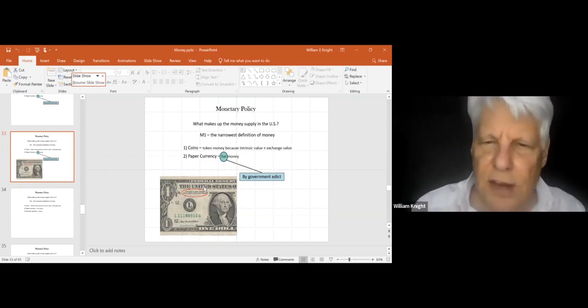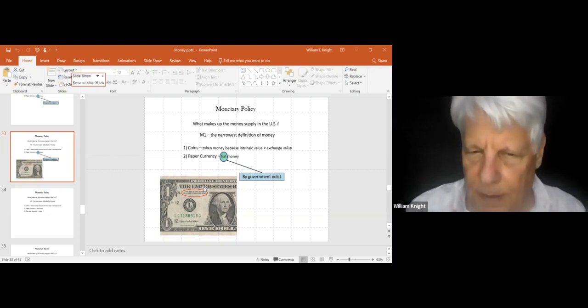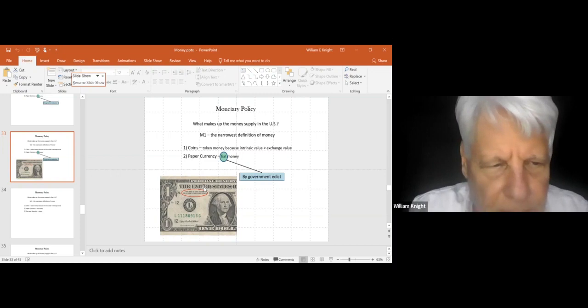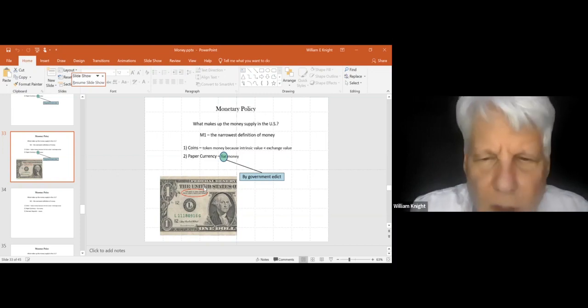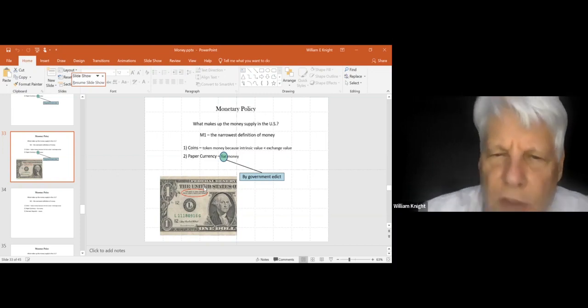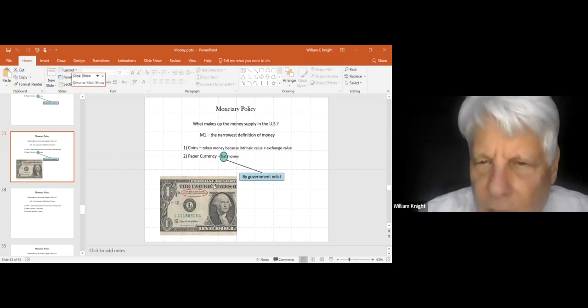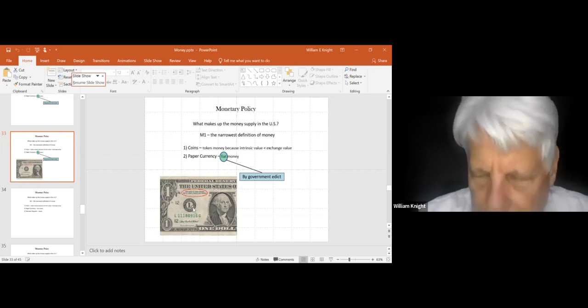It is because they know that it's going to be accepted off of them. And how do they know that? They know because this money right here is legal tender. Legal tender.